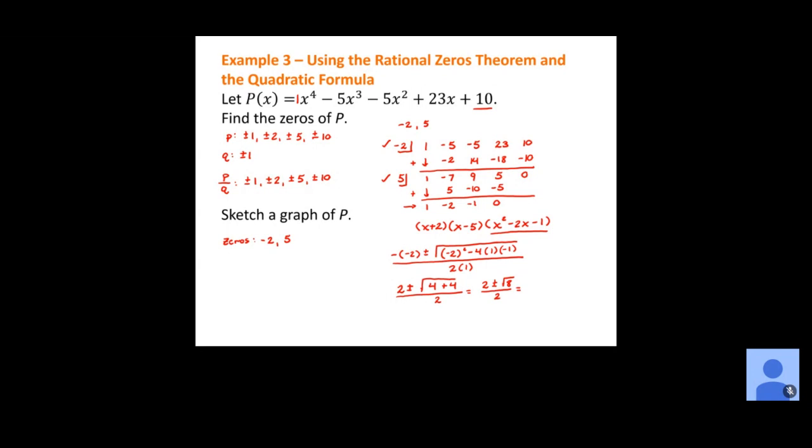Can we simplify the square root of 8? Good, right? So the factors of 8 here would be 4 and 2. So if I do that, that's 2 plus or minus the square root of 4 times 2. Square root of 4 is 2, so I can bring that out. So that's 2 plus or minus 2 square root of 2 all over 2.